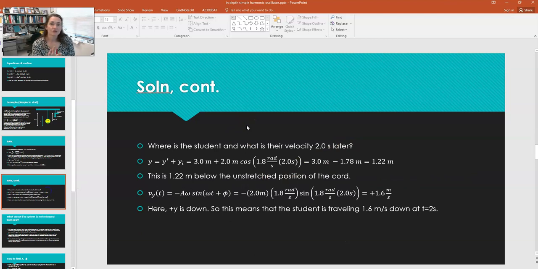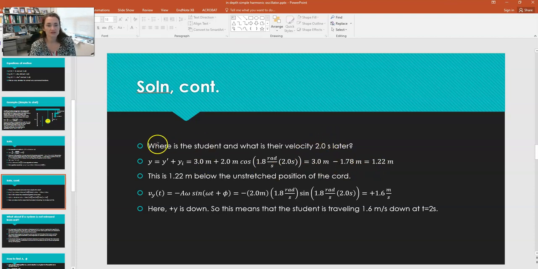Now, the rest of the question asks, where is the student and what is their velocity 2 seconds later? We're going to use the equation that we developed for any random time t on the previous slide and plug in t equal to 2 seconds.